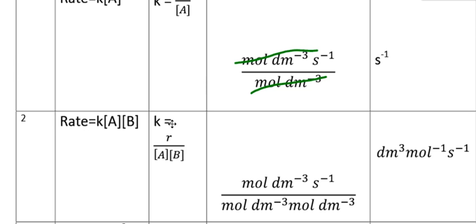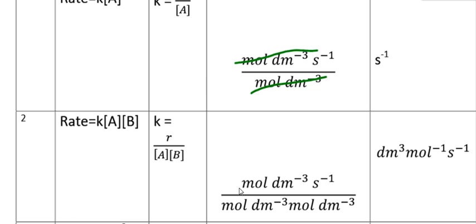So k, when I rearrange it, is equal to R over AB, which means I put the units of rate on the top, divided by the units of A times the units of B. When I've got that situation, I can again just do some cancelling.